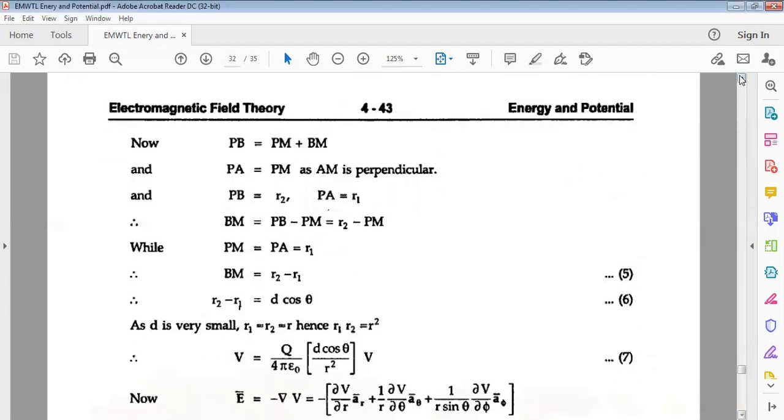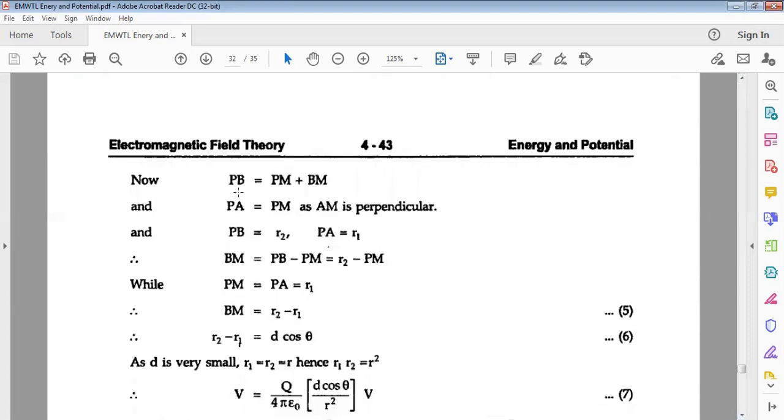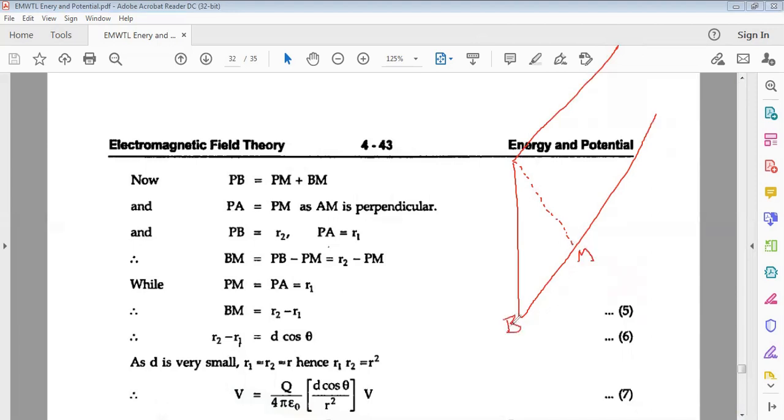Then, from this diagram, the equation we get is PB is equal to PM plus BM. We draw the line like this, with a dotted line, with the points M, B and A, and from the origin another line, which is the distance of R1, R and R2.